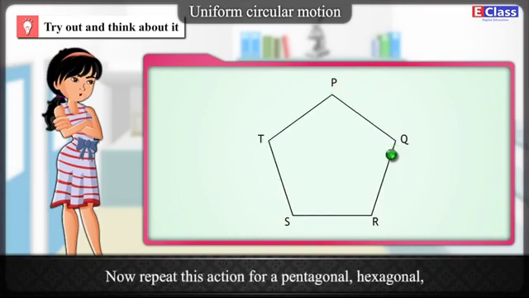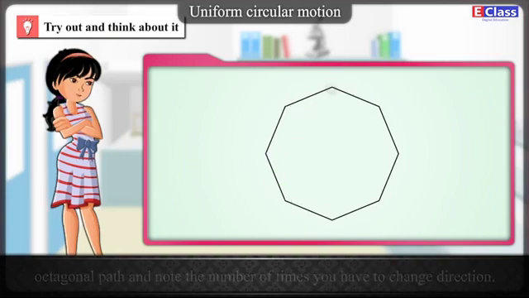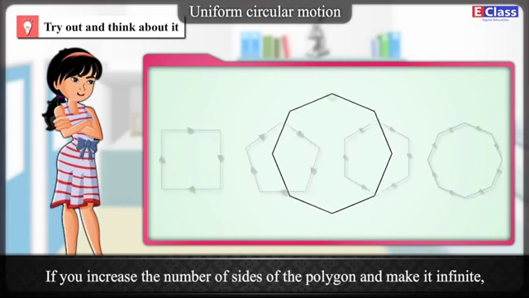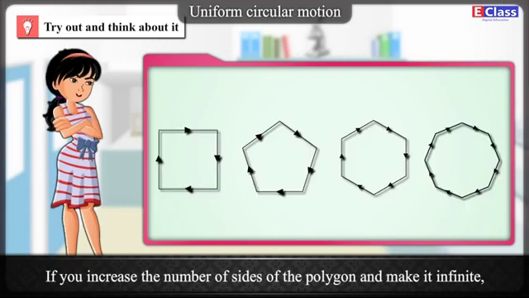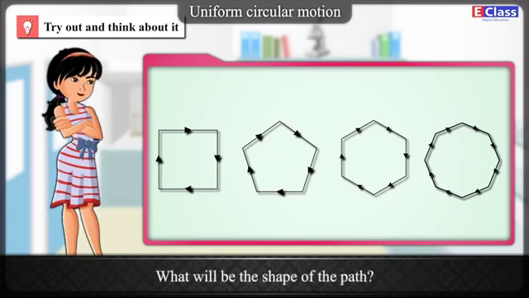Now, repeat this action for a pentagonal, hexagonal, octagonal path and note the number of times you have to change direction. 5. If you increase the number of sides of the polygon and make it infinite, how many times will you have to change the direction? What will be the shape of the path?